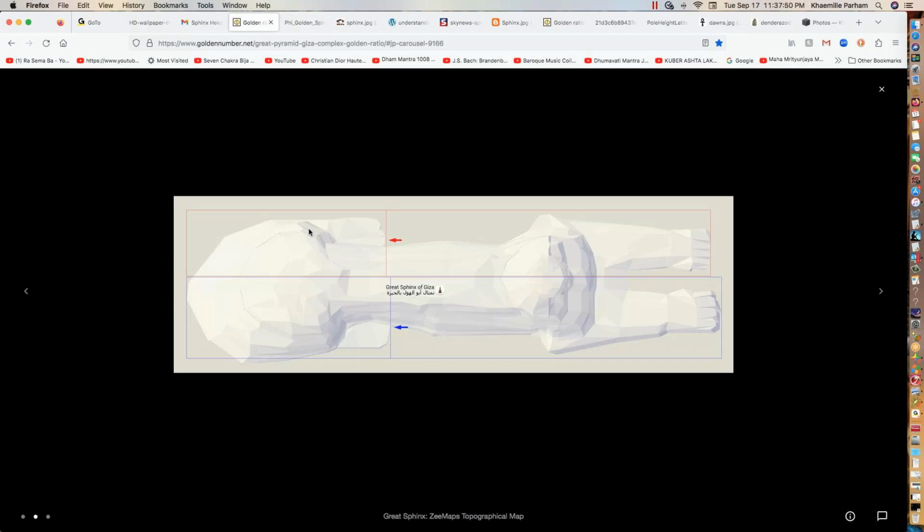Now, if you take A over B, you divide A by B, 53.48 over 86.52, you get 0.618, the lowercase phi. If you take B over C, B is 86.52 over 140, you get again 0.618, phi again.